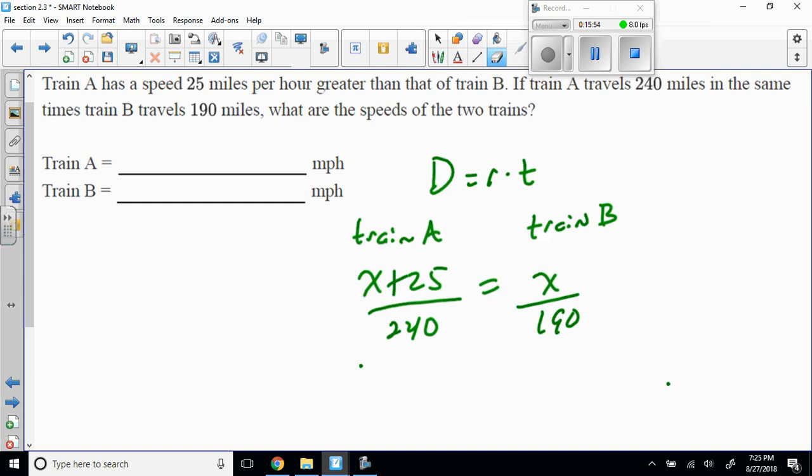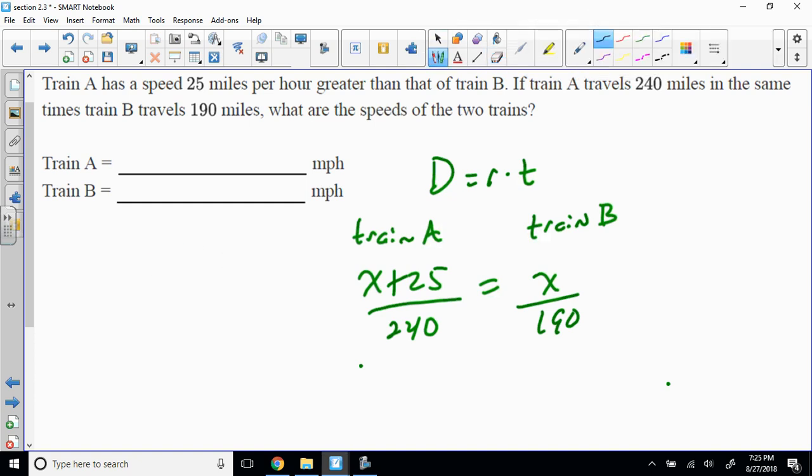Sorry. So our times are basically the same. So we basically have time equal to that. But when you solve for time, it's D over R. Now, that would mean that these equations need to be rewritten. They need to be flipped, right?